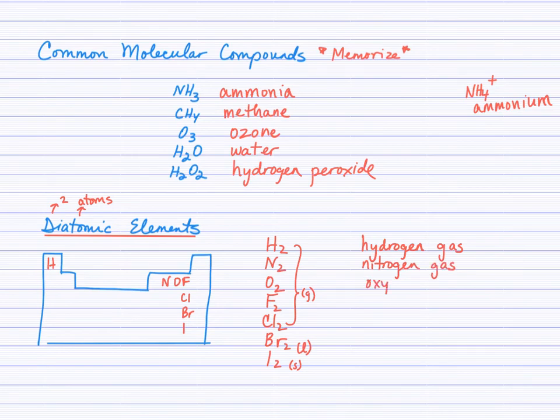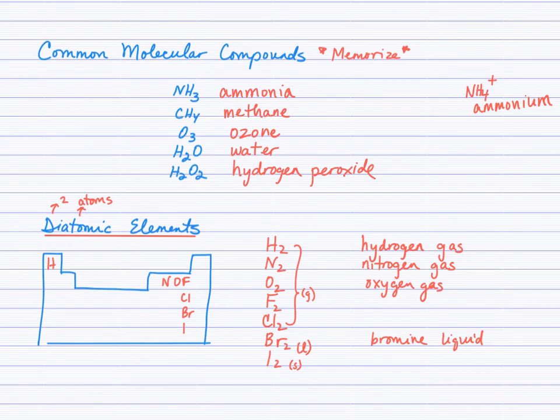O2, oxygen gas. Jump down to Br2, bromine, or bromine liquid. You do not say dibromine, so there's no prefix incorporated here. Literally, the name of the element is the name of these diatomic elements.